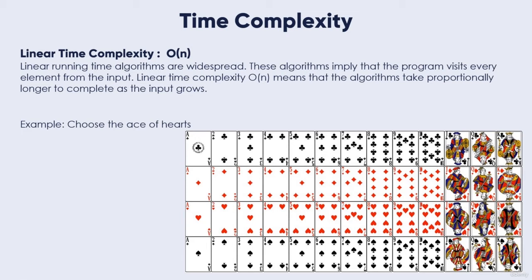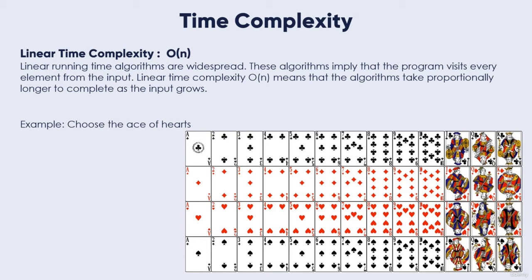So we need to make sure that it is ace of hearts and not anything else. So we need to search all the deck for ace of hearts. If we are lucky, we can get the ace of hearts at the first card. Or we have 52 cards, we can get it at the last one or in the middle.